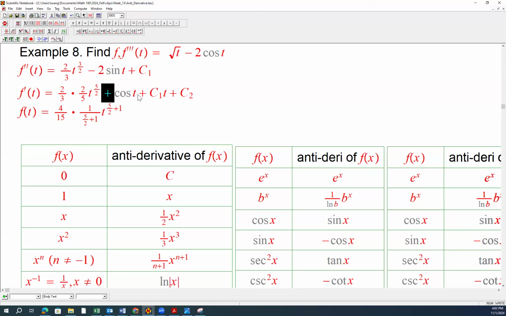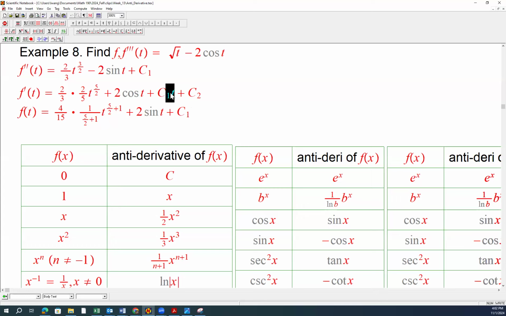The antiderivative of cosine is sine. So plus, oh, did I miss a 2 here? Yeah, I missed a 2 here. So this is going to be 2 times sine of t, and plus c1.